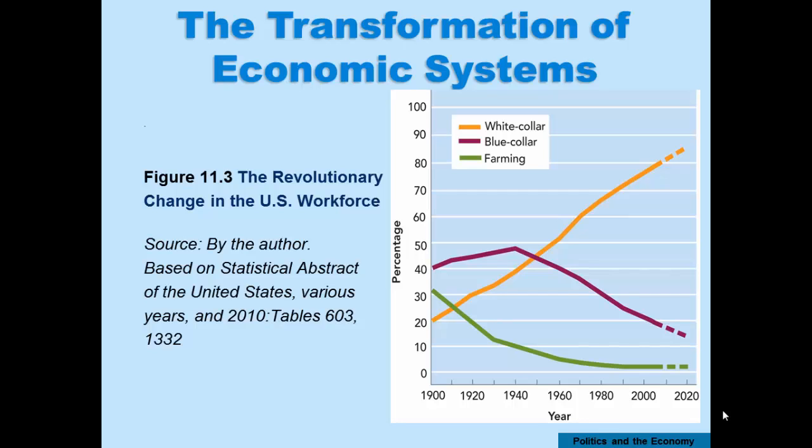Farming, of course, has also dropped dramatically in the last 100 years, whereas the workforce has become increasingly white collar, and these individuals that work at desks and work in offices and sort of drive industry, so to speak, from their computer screens.